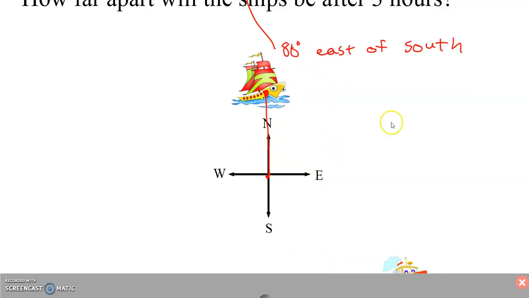And then the other boat is going to go 80 degrees east of south. That means from south, go 80 degrees towards east, so it's going to go like that. And there's my other boat right there.